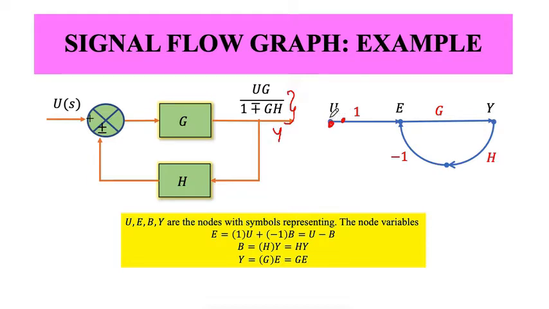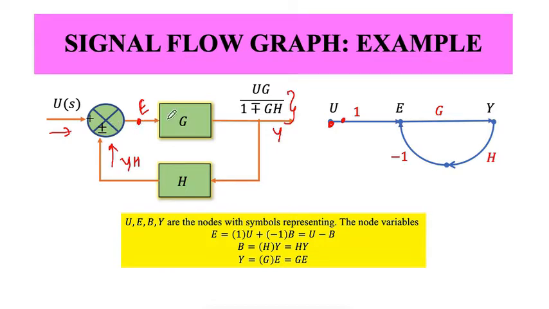Over here we denote the error signal E. E has U incoming from here and something from here, in this case Y times H, depending on whether the sign is positive or negative.